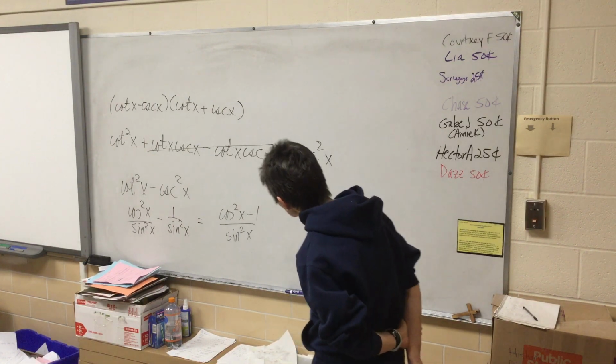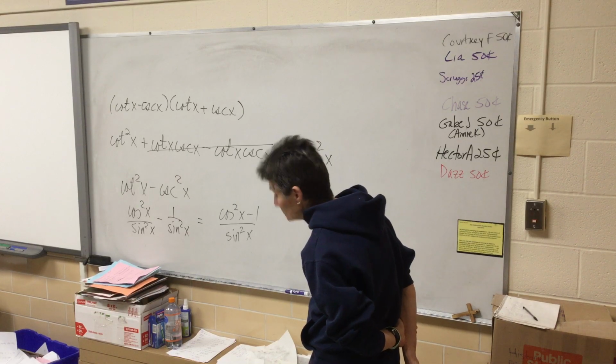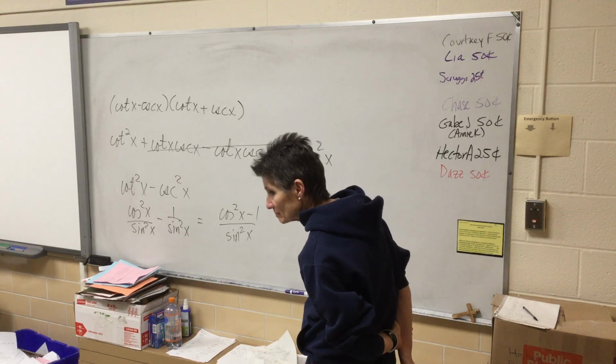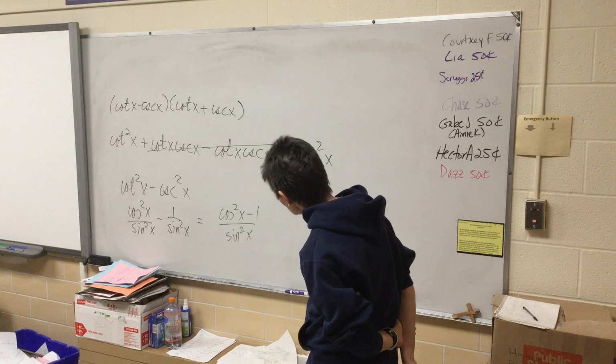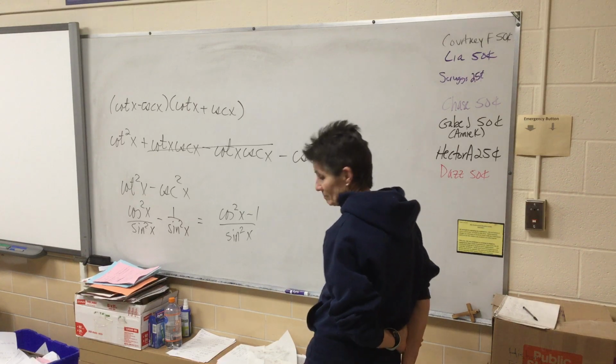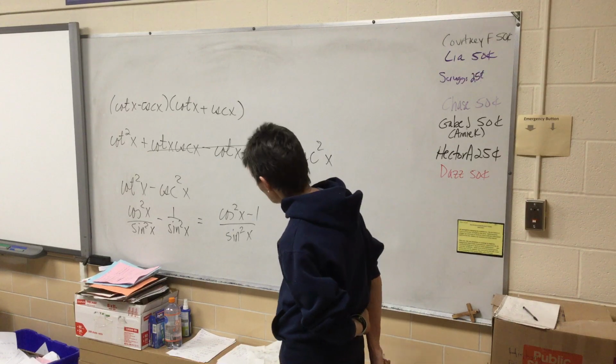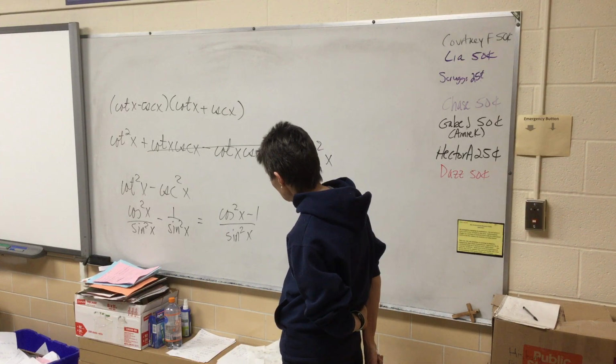So, since the one is on the other side, if you did -1 plus sine squared, and then you put a negative in front of the cosine squared, or the other way around, depending on the order of the equation, it would end up being -1 plus cosine squared equals negative sine squared.